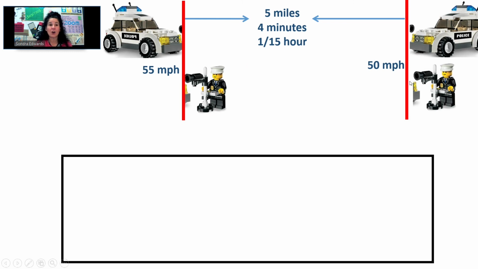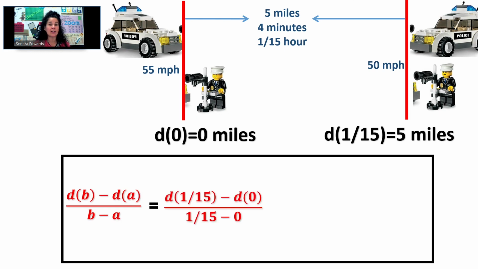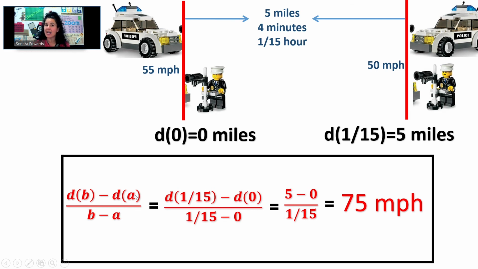And if we know the time it took to travel a distance, we can find average rate of change, the average speed this driver was going. So at time 0, we were at 0 miles. At time 1/15 of an hour, we were at 5 miles. Subtracting the y's over subtracting the x's, the average rate of change, the slope between the endpoints, is 75 miles per hour.